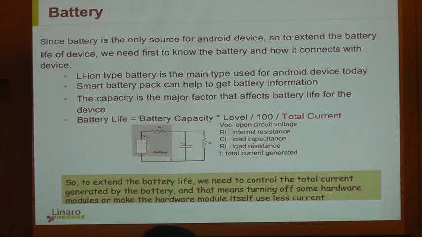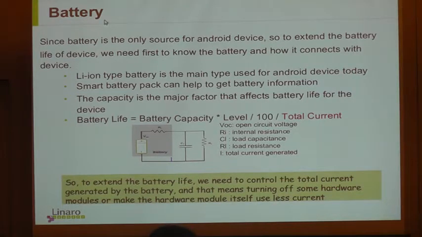With the smart battery pack, we can get some detailed battery information, like the battery capacity level, current, or voltage. Among this information, the capacity is the major factor that affects battery life.